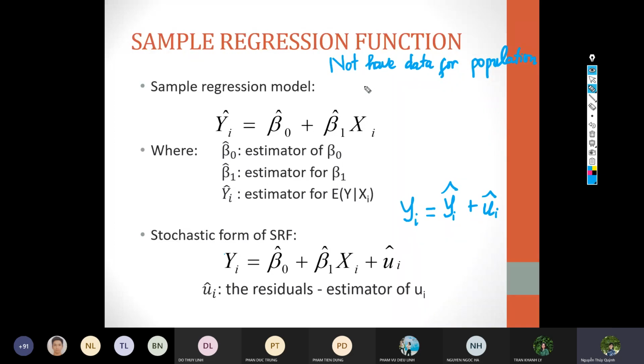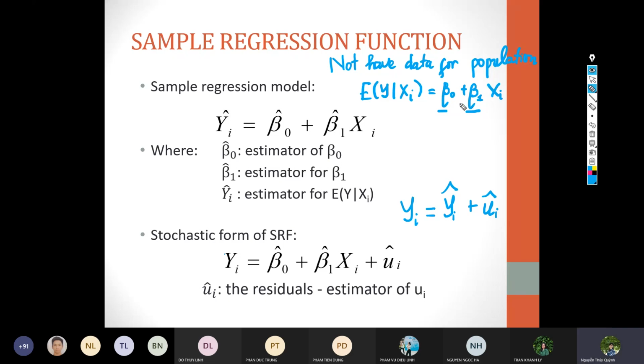That is, for example, the conditional expected value of y given x is equal to beta 0 plus beta 1 multiplied by x. But you cannot calculate the values of beta 0 and beta 1 because you do not have the data for the whole population.